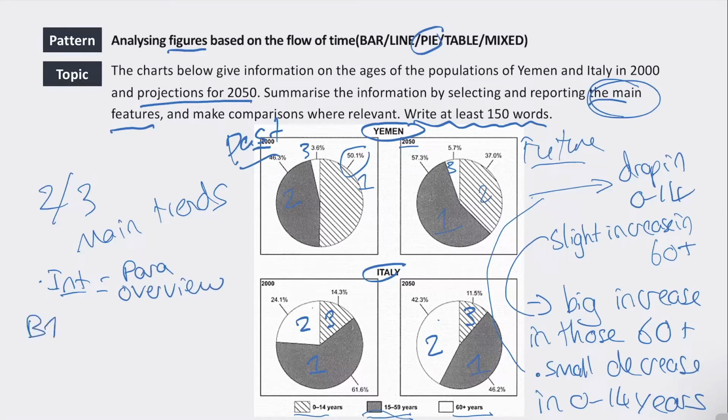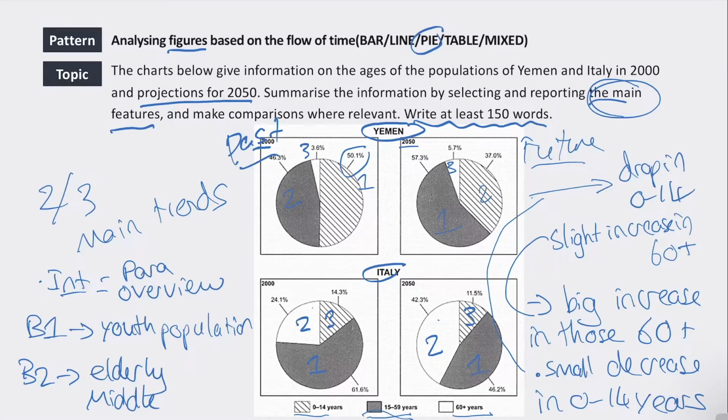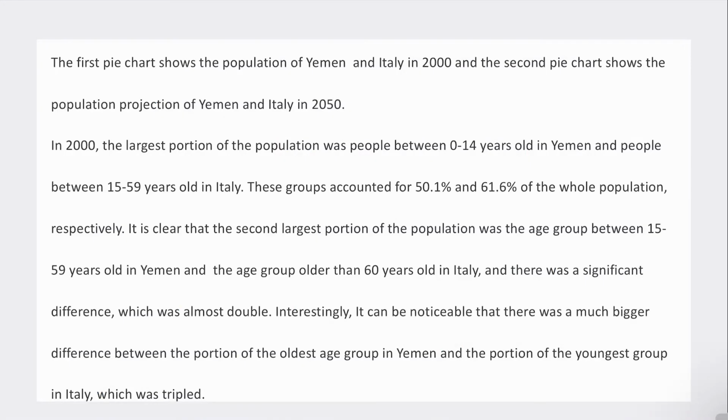Okay, body 1, I probably focus on the youth population, because that's similar. And then body 2, I probably talk about elderly population and middle-aged, because that's a difference between the 2 countries. Okay, let's take a look at what this candidate's done.